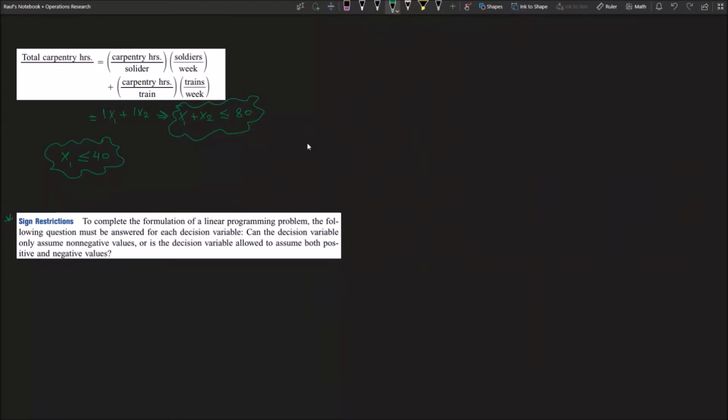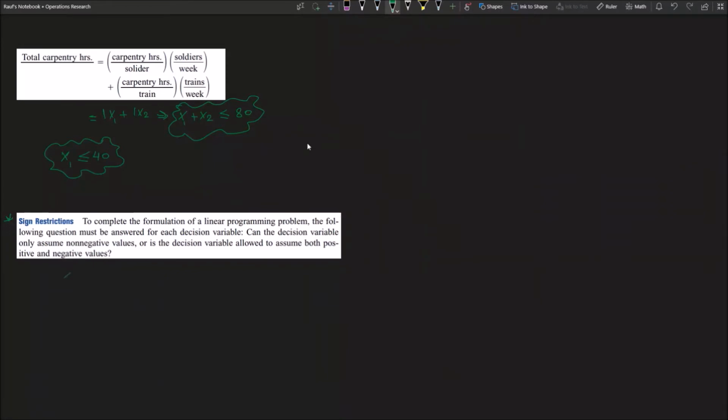So in our case there is a sign restriction, and that's because we are trying to maximize. We don't want our cost, or it's not applicable for this exact problem, to have the cost in minus. You are having physical values of costs for the soldier and the train. We're not saying the train cost minus $2, like I'll give you $2 to take the train. Doesn't make sense.